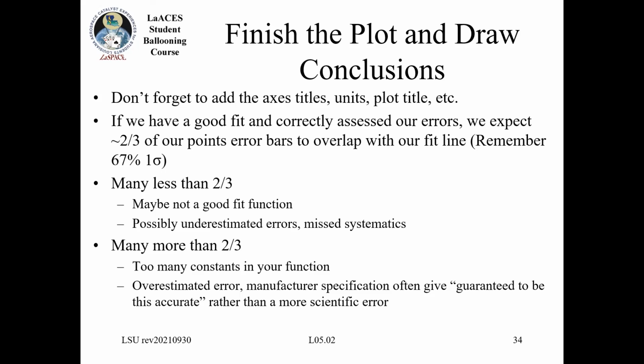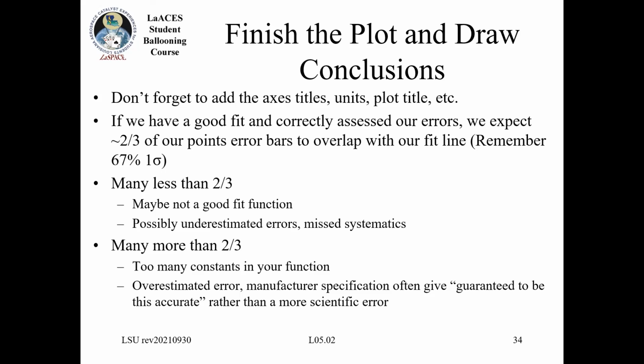One thing in particular is, those specs that you're going to get from the manual of the multimeter are sort of upper limits, in that the manufacturer guarantees the multimeter will be at least that good, but it's probably a little bit better than that. So they're not really trying to give you a scientific error.